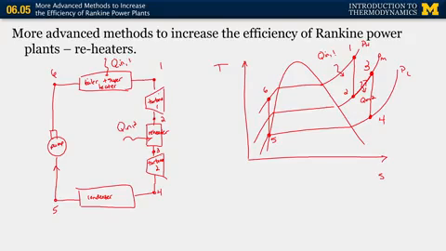Just need to remember that your net heat transfer for the cycle includes Q in 1 plus Q in 2 plus Q out. Now remember, this is a negative number because it's heat transfer out. So you just have to be careful in your accounting when we do the analysis of these systems that have more complex heat exchangers.